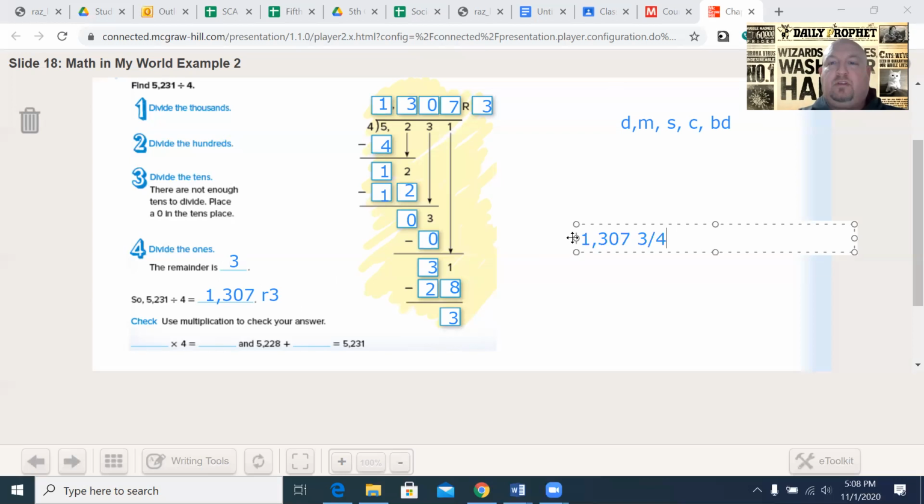I have 1,307 and 3/4, where I take the remainder and put it as the numerator and the divisor as the denominator, or 1,307 and I happen to know that the decimal for 3/4 is .75. So 1,307.75. All of these, including the original one, are the same answer, have the same value.